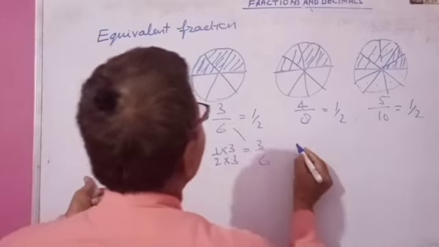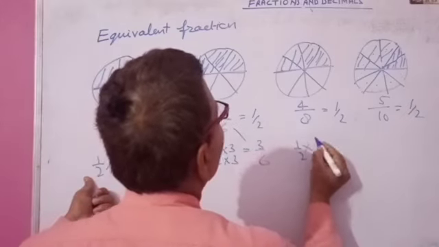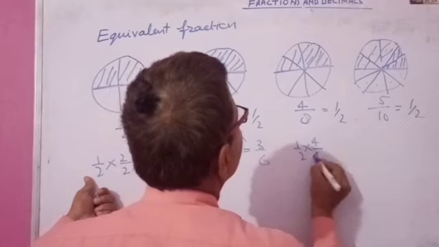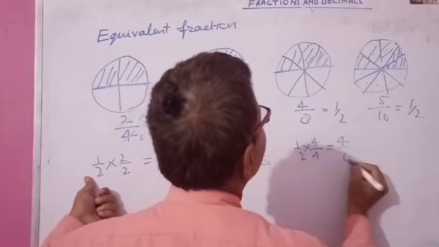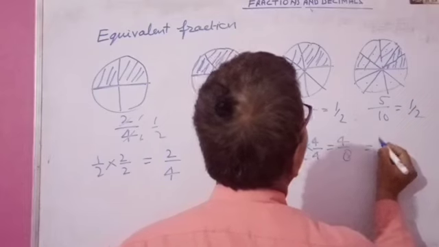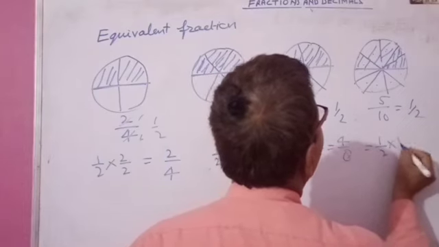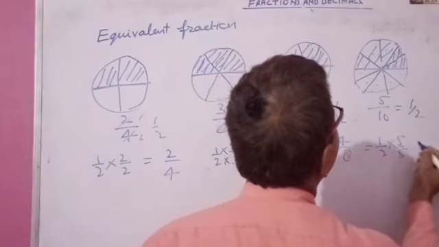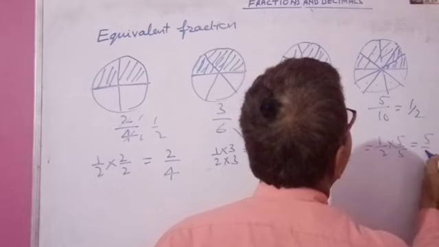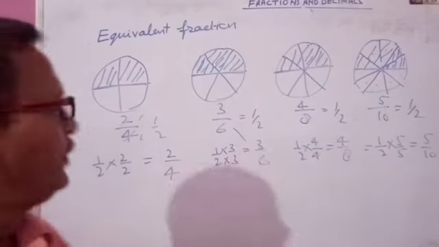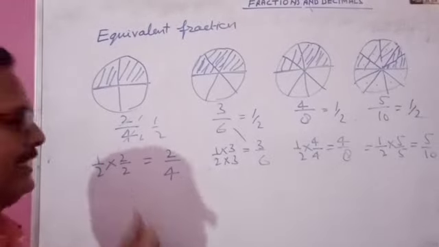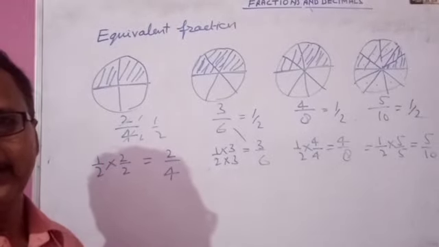And if you multiply 1 upon 2 by 4, you will get 4 upon 8, and by 5 you get 5 upon 10. We can get an equivalent fraction by multiplying the numerator and denominator by the same number.